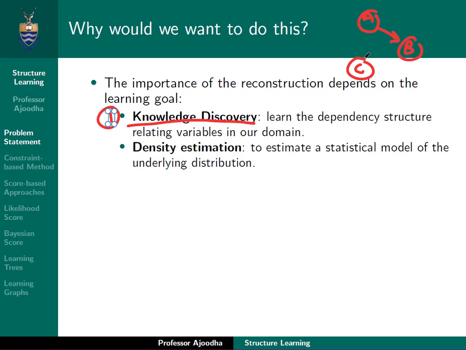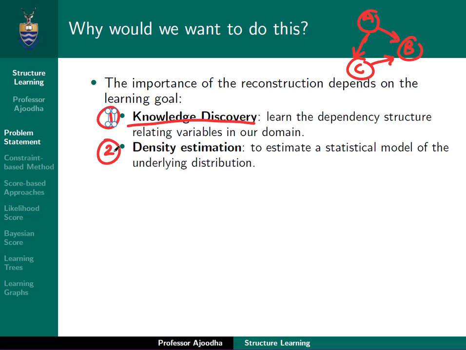But maybe after doing structure learning, you learn that A also influences C, which influences B. So structure learning can give you insights on how variables actually interact with each other. And obviously, I don't have to convince you that this is a really great thing to know, because you can probably already think of many applications where learning about these kinds of associations will be useful.